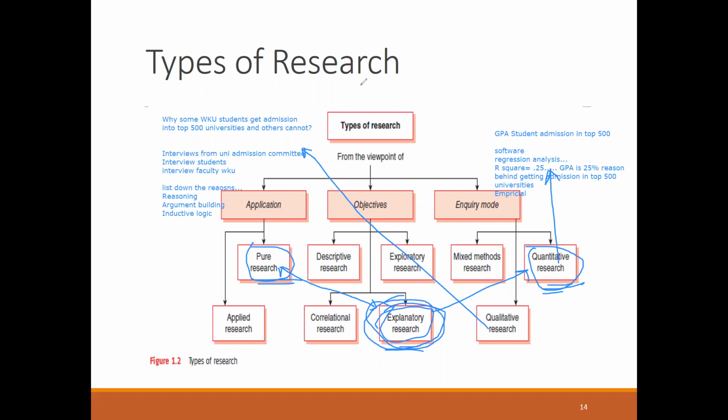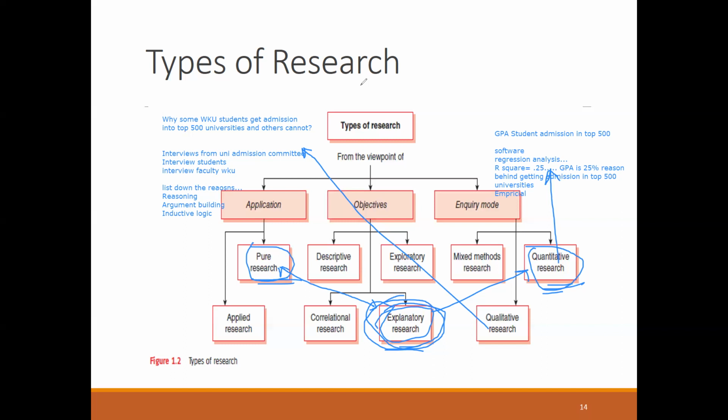In quantitative research, we need numerical data. In qualitative research, we need qualitative data. Qualitative data means textual data, data in the written form. So numerical, empirical data is one of the main differences between quantitative and qualitative research.